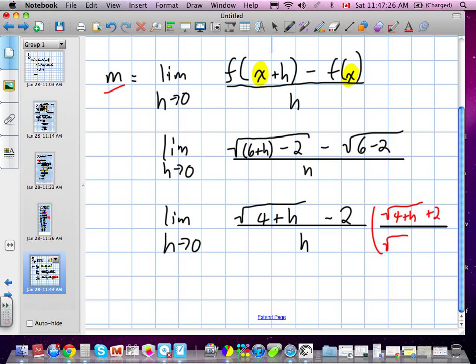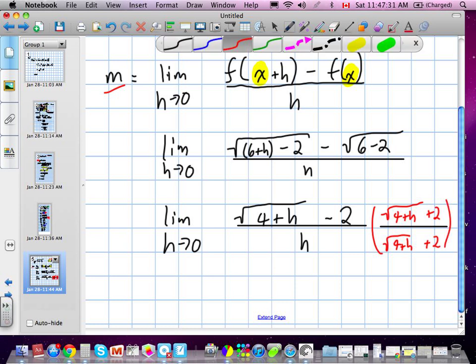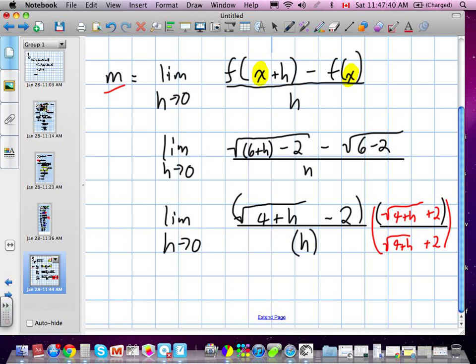Whatever you do to the top, you have to do to the bottom. When we multiply through, think of this almost like FOIL again. We're multiplying fractions. I'm going to do this the long way. In the book, they've shortened it, but I'm going to show you the whole process.